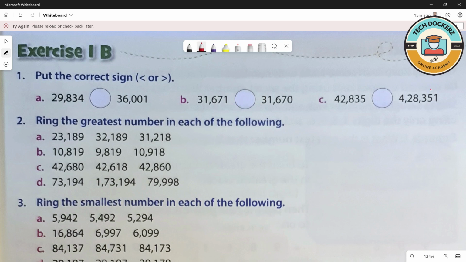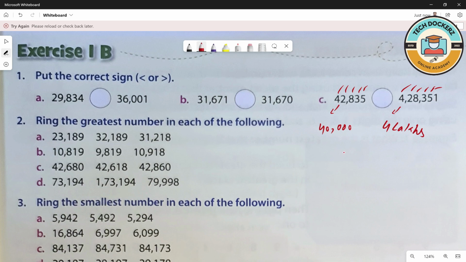If we draw the place value chart for the number, starting with ones, tens, hundreds, thousands, ten thousands and lakhs, the place value of 4 is 4 lakhs. In the other number, on the left-hand side, ones, tens, hundreds, thousands and ten thousands, the place value of 4 is 40,000.